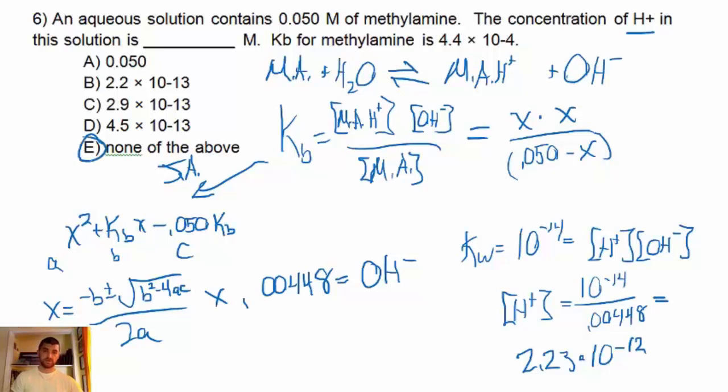So none of those things are the right answer. None of them right. Kind of a close one here, right? If you're like, oh, did I mess up somewhere? Nope, it's just none of the above, unless I made a mistake, in which case you can make fun of me in class and point it out and tell me how stupid I am.